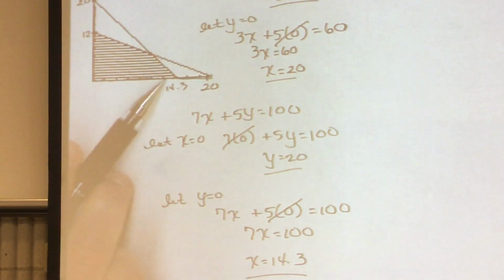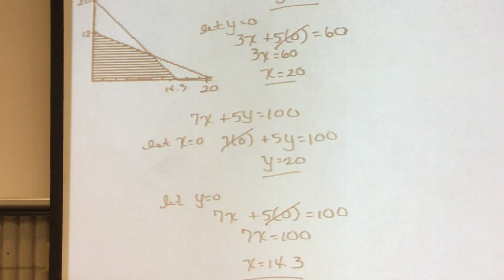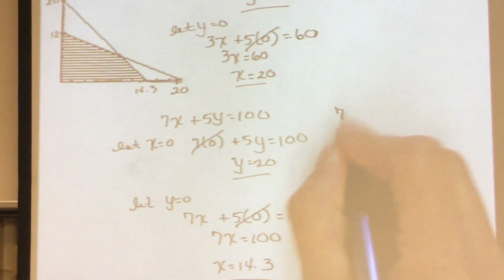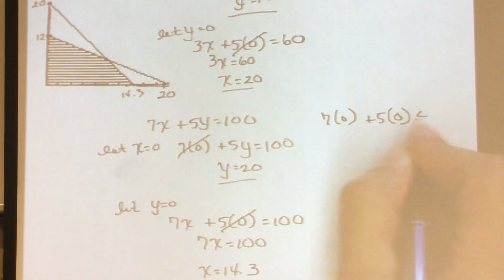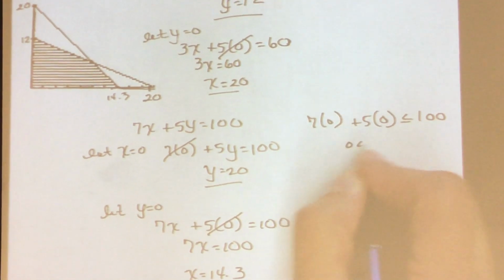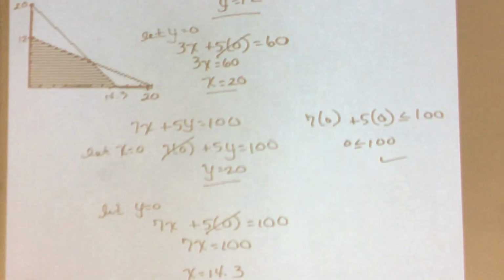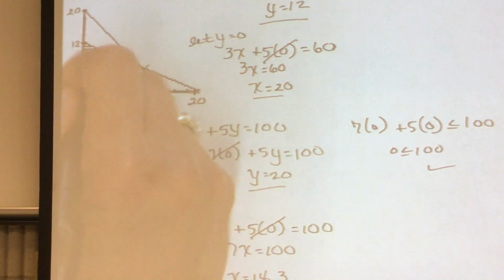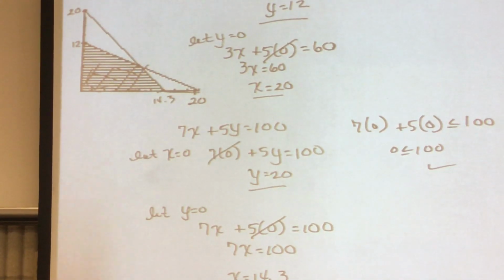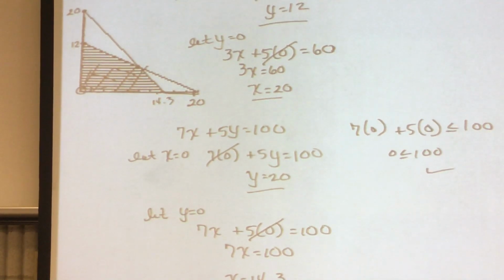Y is 20, x is 14.3, again a solid line. Let's use a test point. 7 times 0 plus 5 times 0 is less than or equal to 100. 0 is less than or equal to 100, true. So we're shading below.